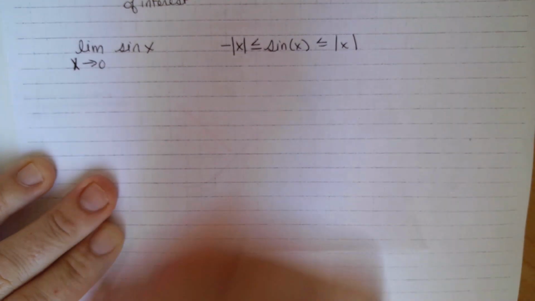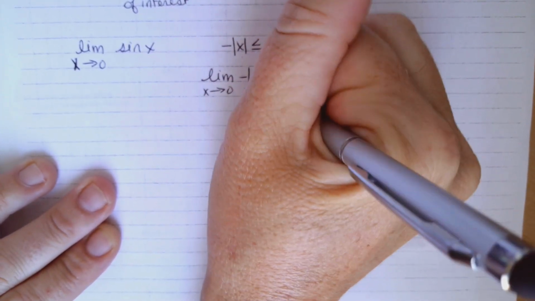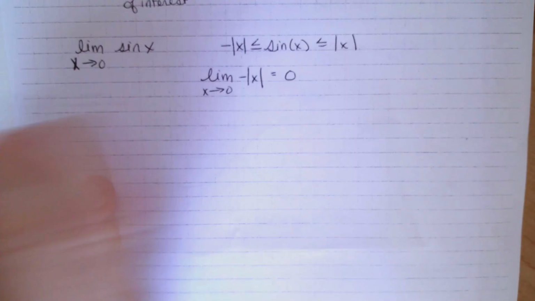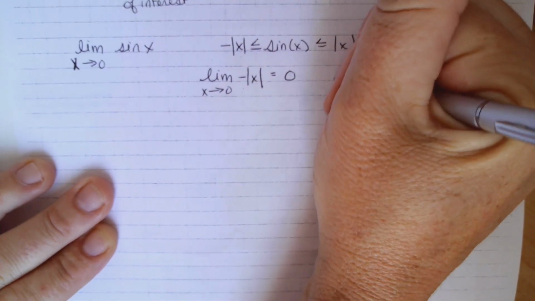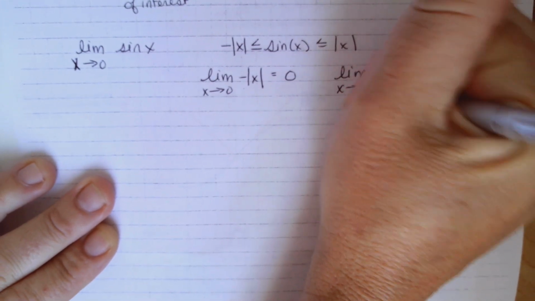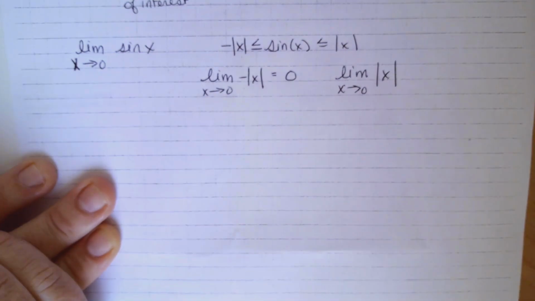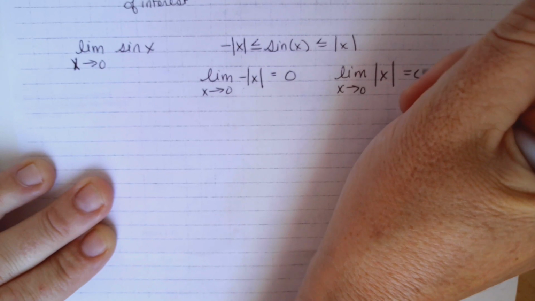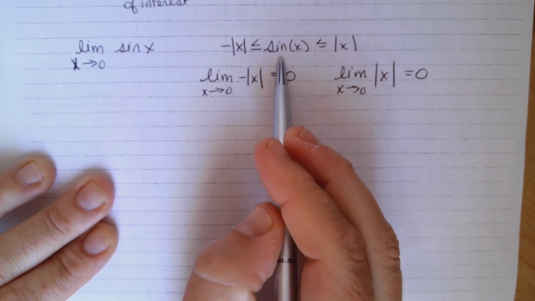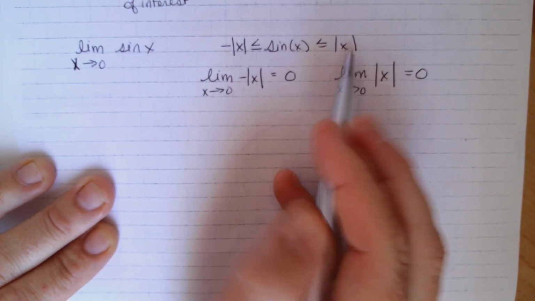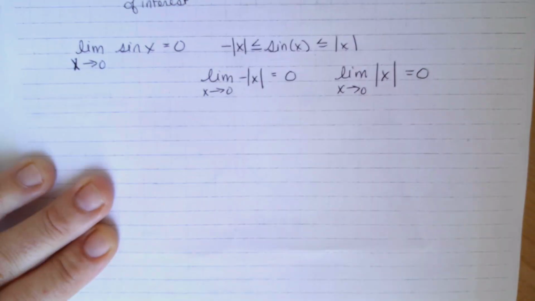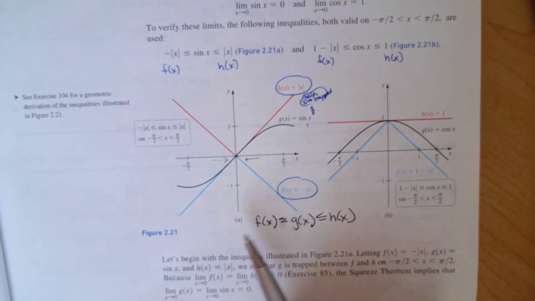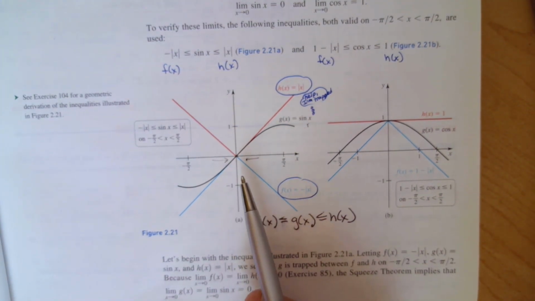Then the limit as x approaches 0 of negative absolute value of x equals 0. The limit as x approaches 0 of absolute value of x also equals 0. And since we know that sine x is always between them, it makes sense that this is also 0. Again, this graph is the visual representation of what's going on here.